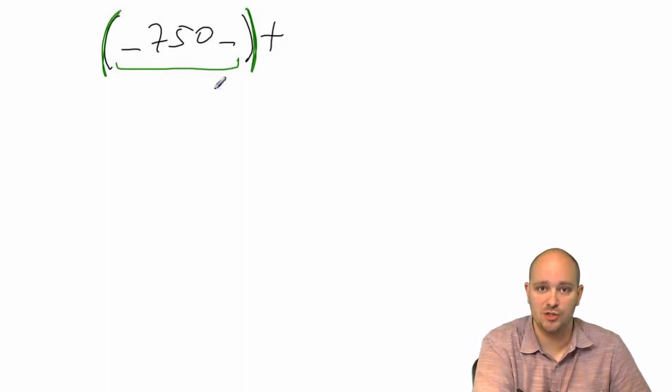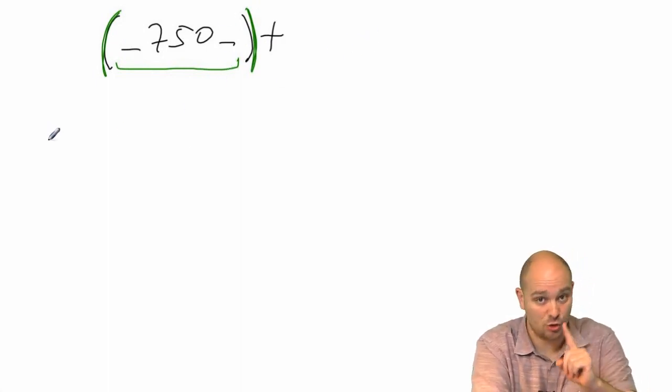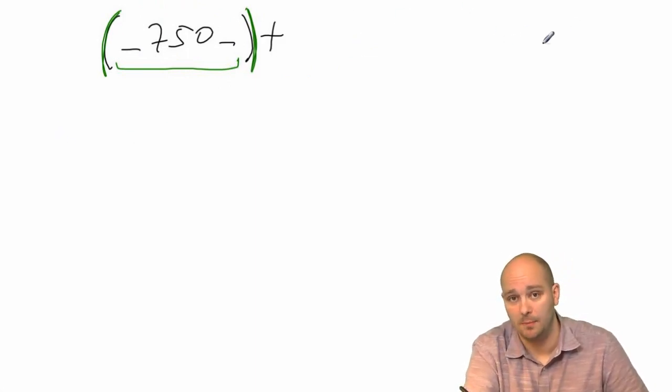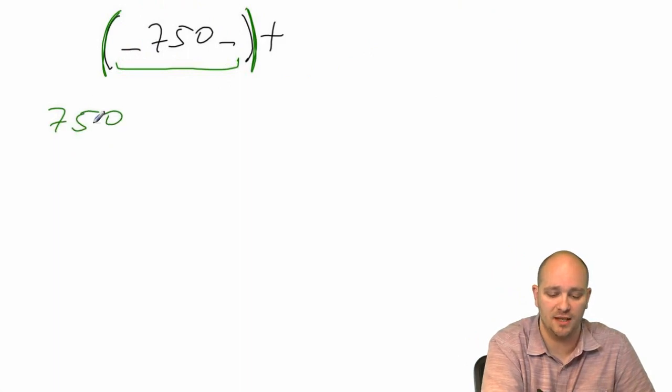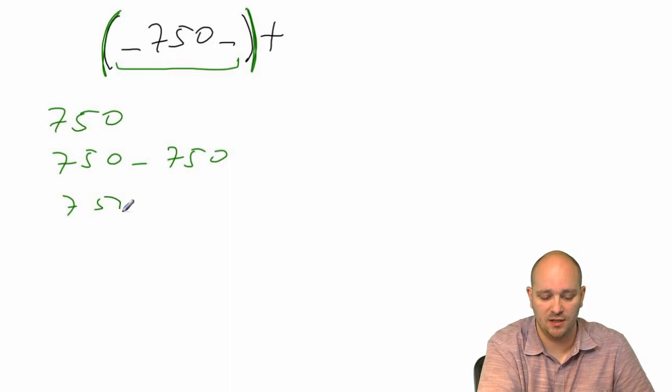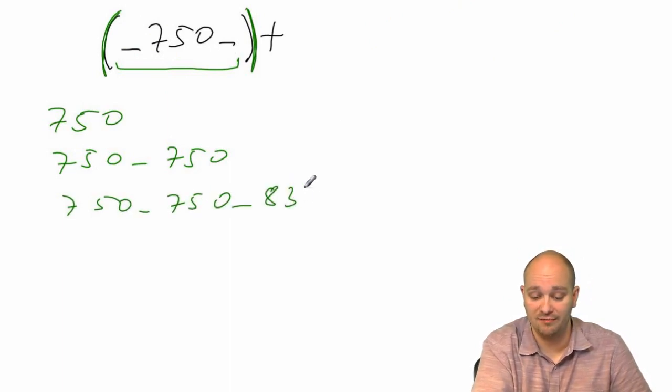This group of characters needs to be matched at least once, so it must appear, and then it may or may not repeat multiple times. So this will match 750, or 750 followed by 750, or 750 followed by 750, followed by 837, for example.